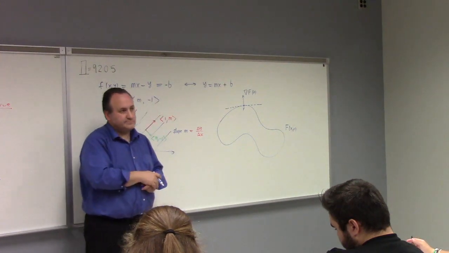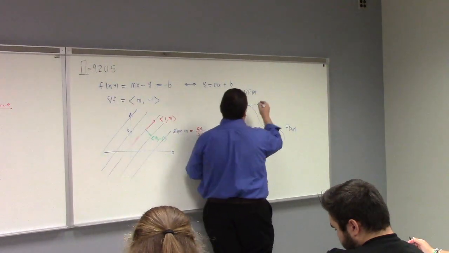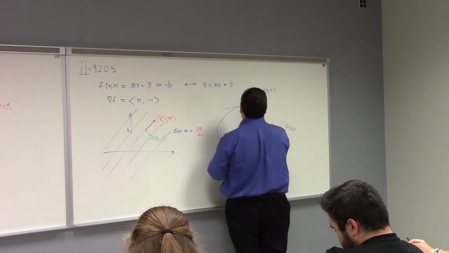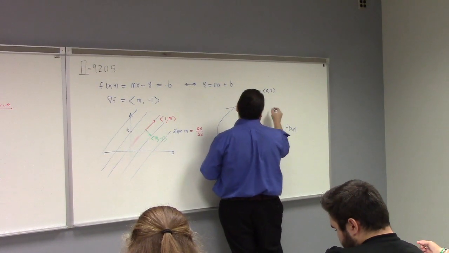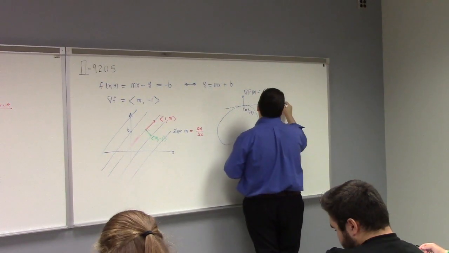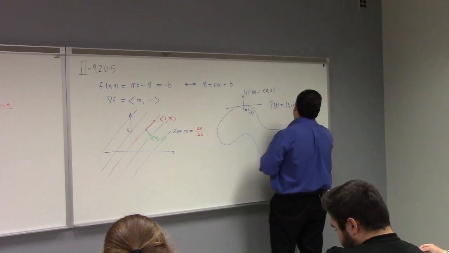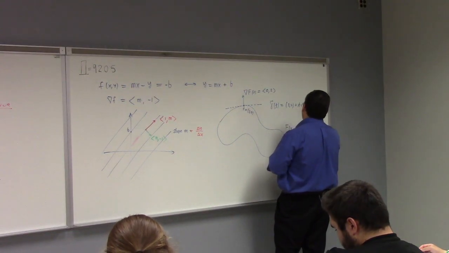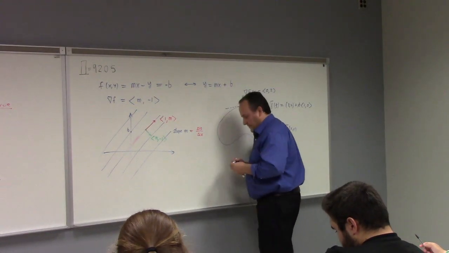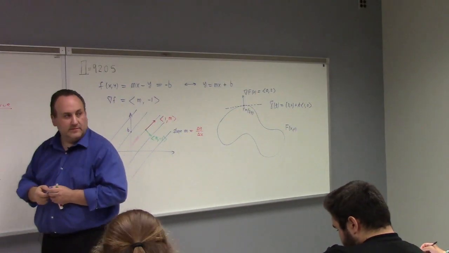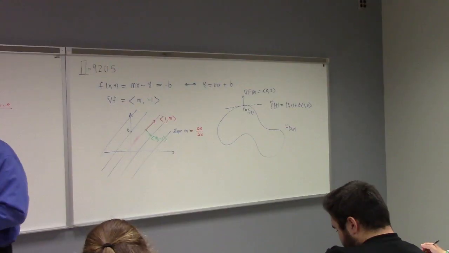For example, if this thing was 0, 2, and this point was 3, 4, then my tangent line could be parameterized by gamma of t is 3, 4 plus t times, oh, I don't know, 1, 0. That is by no means unique, but there would be a tangent line which is perpendicular to the gradient.